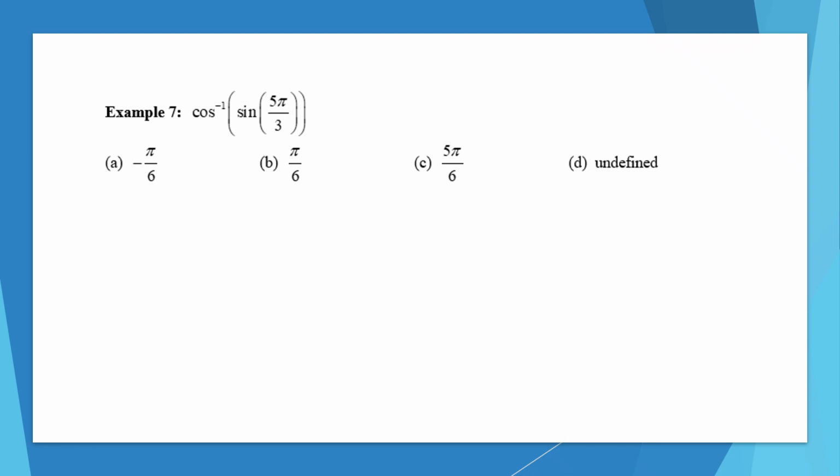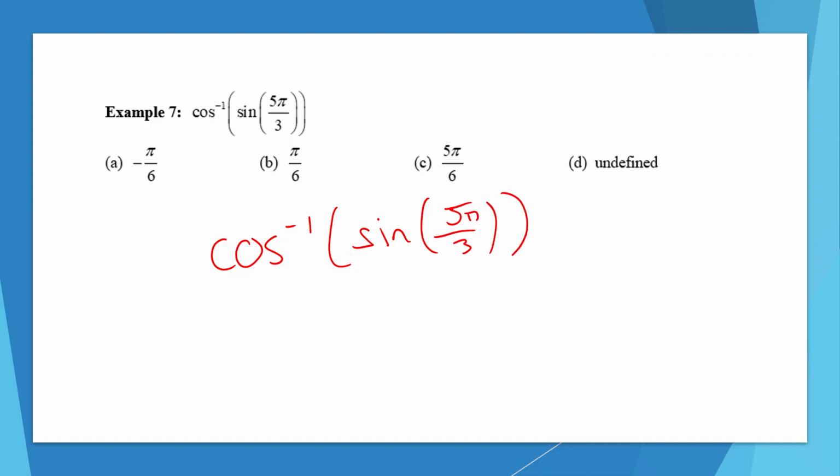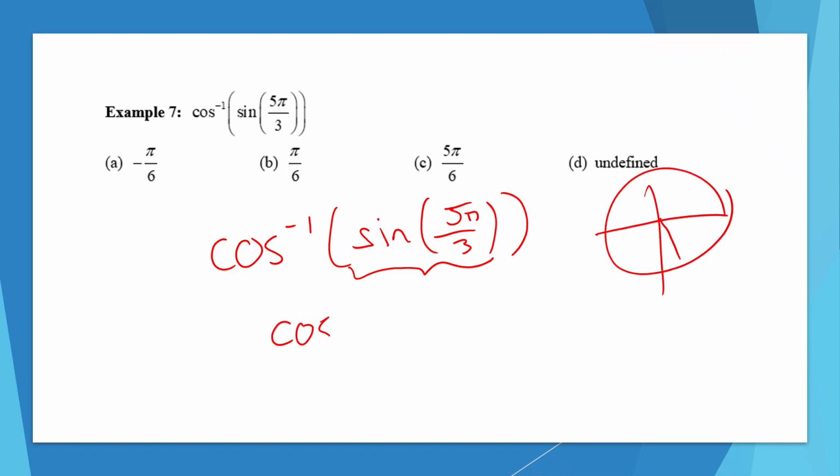Example 7, with these, you just want to do it one at a time. So inverse cosine of sine of 5 pi over 3: we want to evaluate the inside first and work from the inside out. So sine of 5 pi over 3, from the unit circle, 5 pi over 3 is right here. This should be the inverse cosine of negative root 3 over 2.